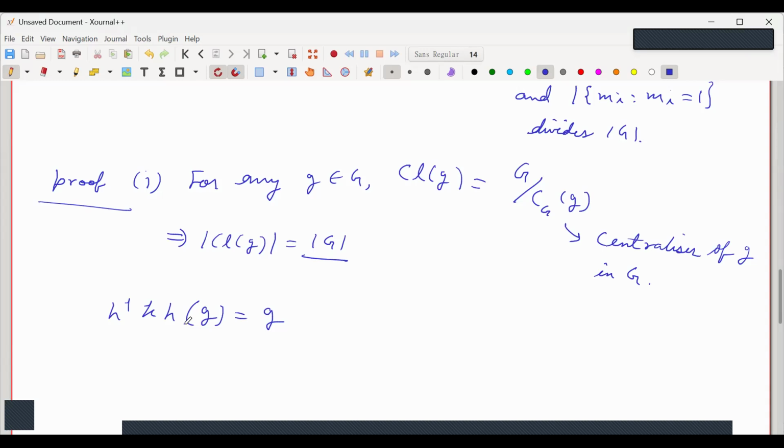It's a caution: it may not be a group, and it's a group if and only if the centralizer is a normal subgroup. But we don't need the group property of this set.